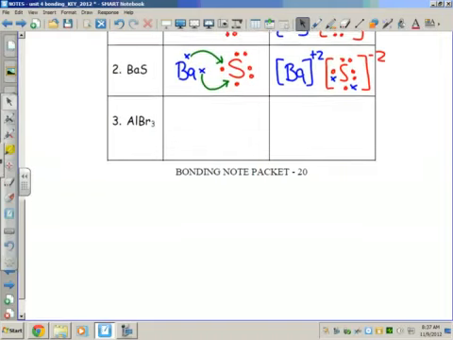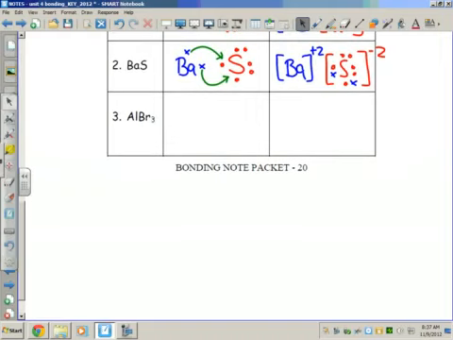And then our last example is a little more difficult, a little more involved, and I'm going to show you a shortcut, a trick to condensing this thing. We start out with our aluminum, right here in the middle, and draw a little smaller because this one gets bulky. We have 1, 2, and 3 valence electrons. We've got a bromine up top. 1, 2, 3, 4, 5, 6, 7.